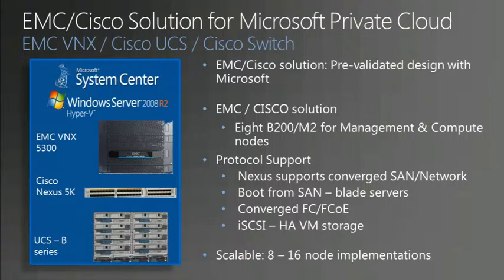And in the configuration that we provide with Cisco, we start with 8 blades in a chassis, and we go up to a 16-node configuration, and you could technically go larger. For the storage environment, we are including an EMC VNX 5300, so it provides all of that infrastructure, right?